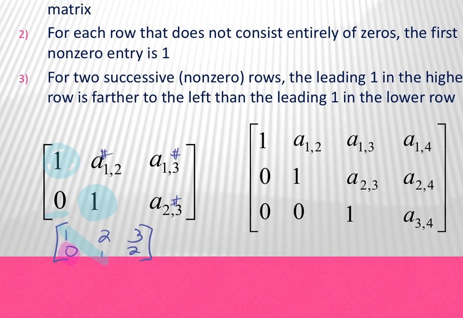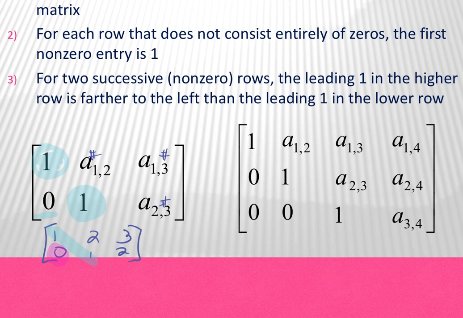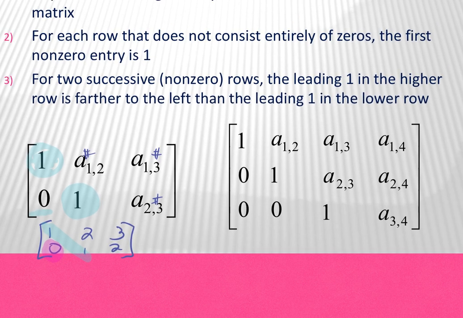So if you look at now a 4 by 3, so a 3 variable one, your diagonal of 1s is here. Anything under it has to be a 0 in order for this to work. So if I go row by row, the first non-zero number is a 1. And then that last thing, number 3, says for 2 successive rows, which is why, Kevin, this is why that answer couldn't work, the leading 1 in the higher row is further left than the leading 1 in the lower row.